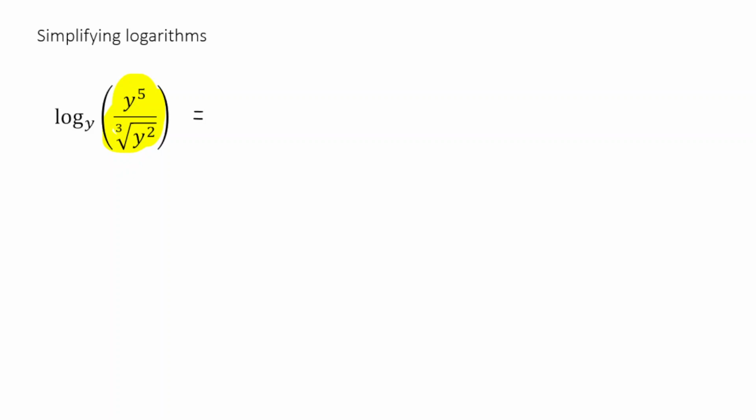Well, the first thing I'm going to do is look at that cubed root, right? How can I write the cubed root as a power? Well, as a power, the cubed root is a power of 1 upon 3. So this is going to be y squared to the power of 1 upon 3.